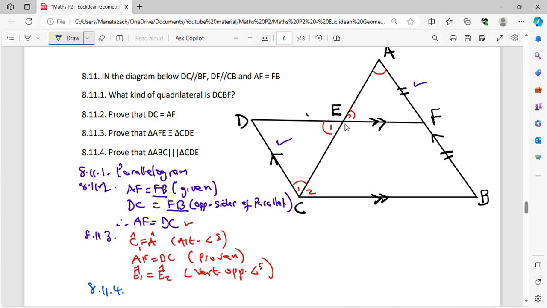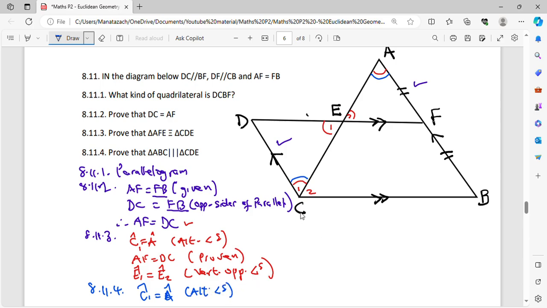So we're proving a condition of similarity. From what we know, we've already said that C1 is equal to angle A. So let's write that one down. C1 is equal to angle A. Our reason was those were alternating angles.